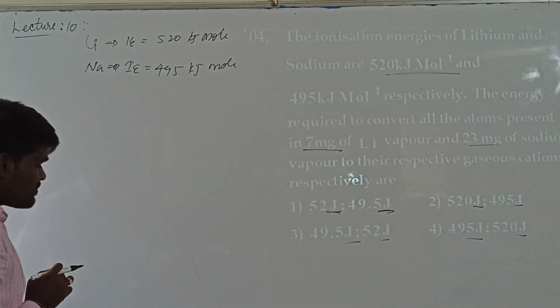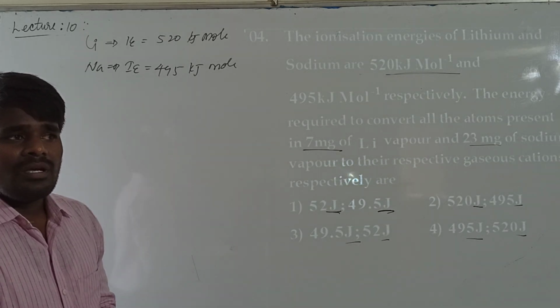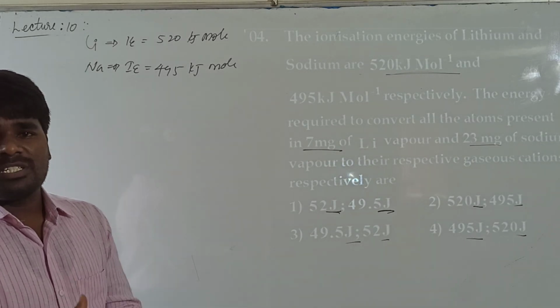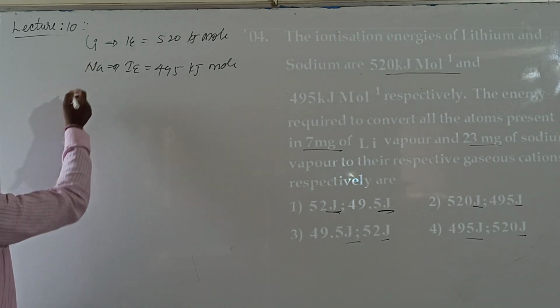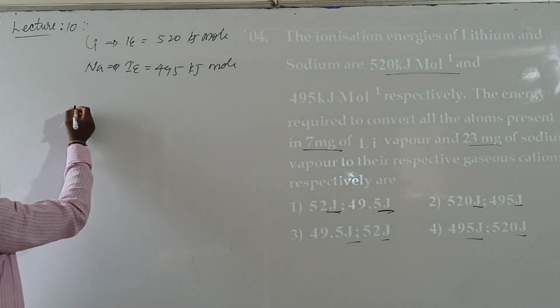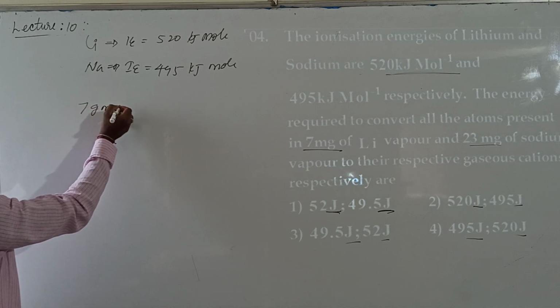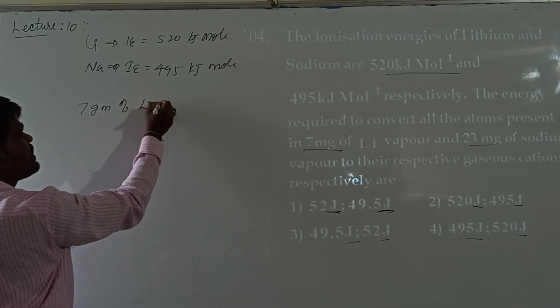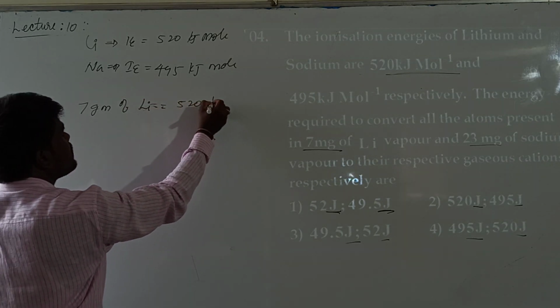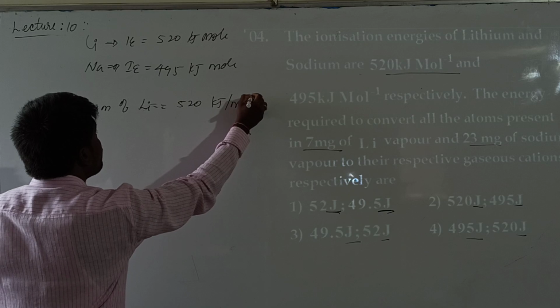What is meant by 1 mole? 1 mole means the weight is equal to its atomic mass. That is, 1 mole of lithium is equal to 7 grams. 7 grams of lithium requires 520 kilojoules per mole.